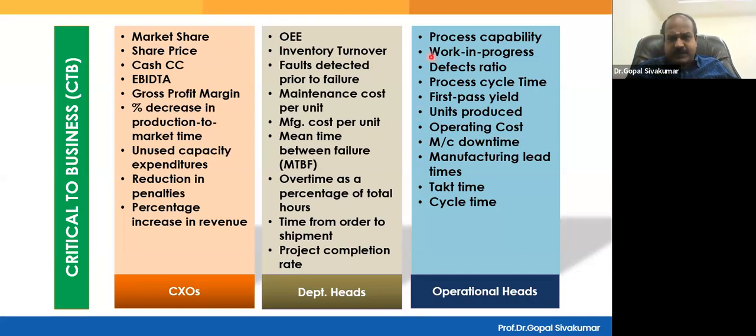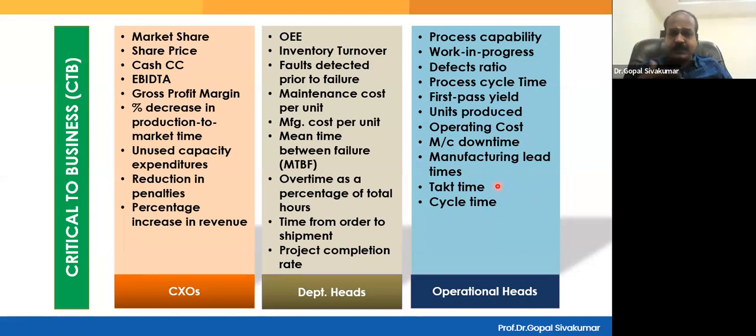And see here, I'm not going to read out all of this, but everything has got a meaning. When I say cycle time, there is a meaning. When I say takt time, there is a meaning. When I say machine downtime, there is a meaning. All are not same. So what is that you wanted to really improve? Is that improvement really possible? For example, takt time, you can't do anything because it is set by the customer.